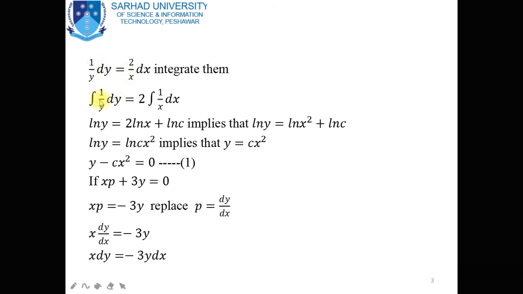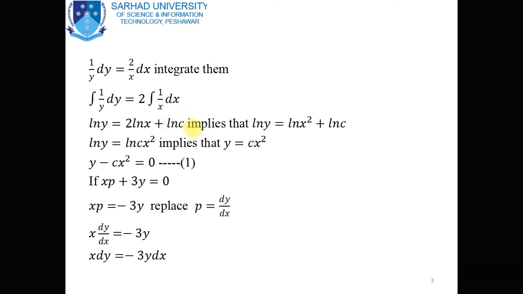Now taking integration, the integration of 1 over y with respect to y is equal to 2 times the integration of 1 over x with respect to x. The integration of 1 over y with respect to y is log y, and the integration of 1 over x with respect to x is natural log of x plus log c, where c is the constant of integration.